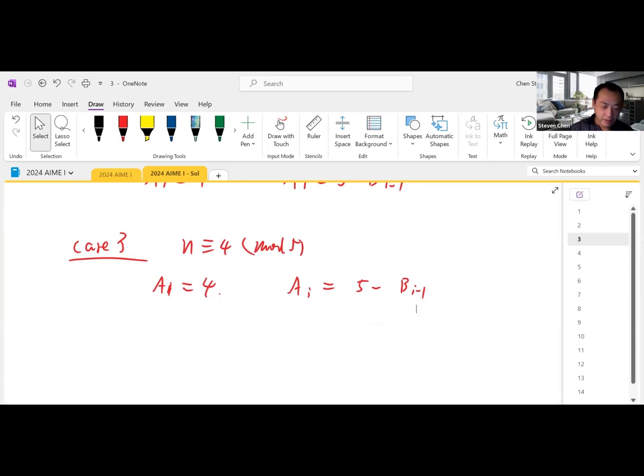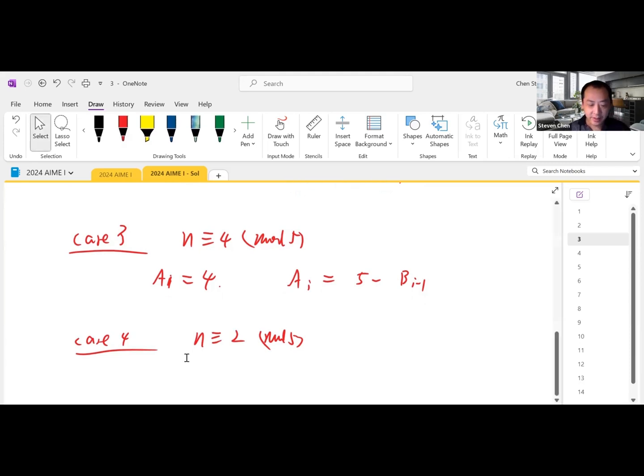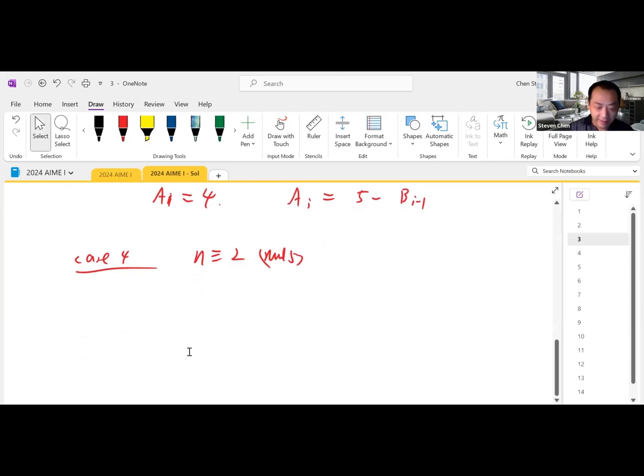Okay, then we look at case 4. This is for n congruent to 2 mod 5. So for this case, Bob may consider to take the same strategy as case 1, that n is a multiple of 5.